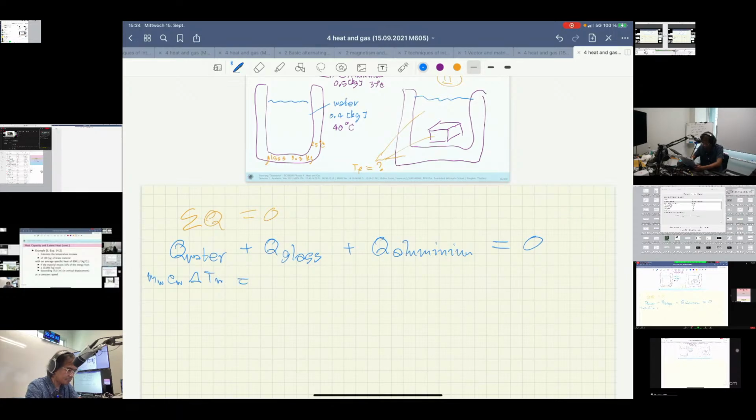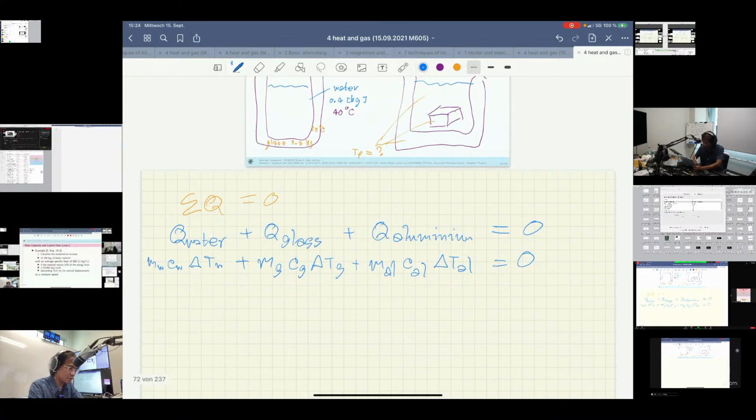Oh no, it's plus, not equality. Mass of the glass, C of the glass, and delta T for the glass, and plus the mass of the aluminum, specific heat for aluminum, and delta T for aluminum. It equals 0. And the mass of water, let's start with that. It's 0.4.